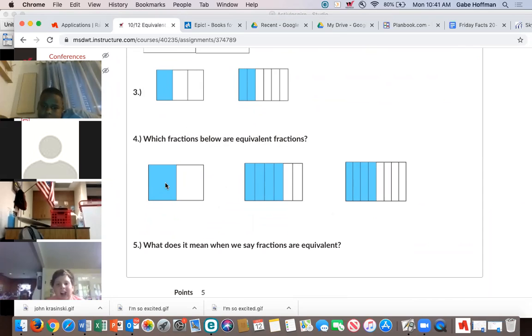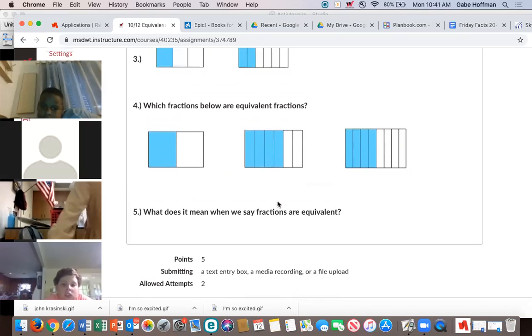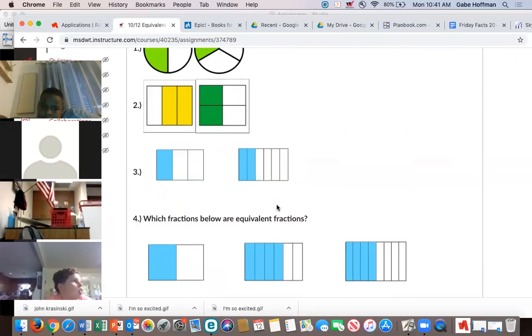Are the equivalent fractions 1/2 and 4/6, or 1/2 and 4/8, or 4/6 and 4/8? You have to decide. And the last one says, what does it mean when we say fractions are equivalent? So you have the discussion to do, and then you have the assignment to do. You're responsible for doing both of those things.